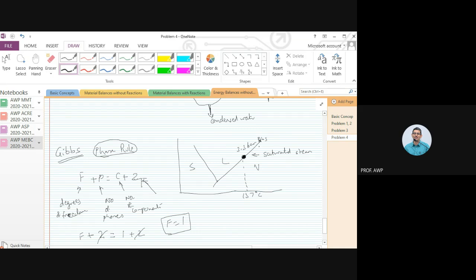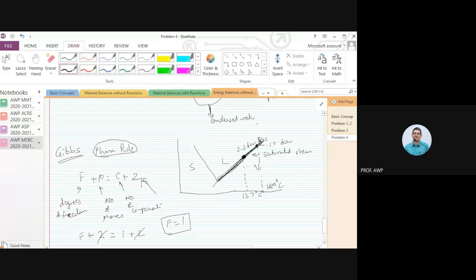Or if I fix pressure at 10 bar, temperature will automatically be fixed at 180 degrees centigrade. Because this relationship is given by the Antoine equation, the temperature and pressure are related. Don't you agree? Yes, sir. So if I change the pressure, temperature will automatically change. I cannot change the pressure and keep temperature the same.